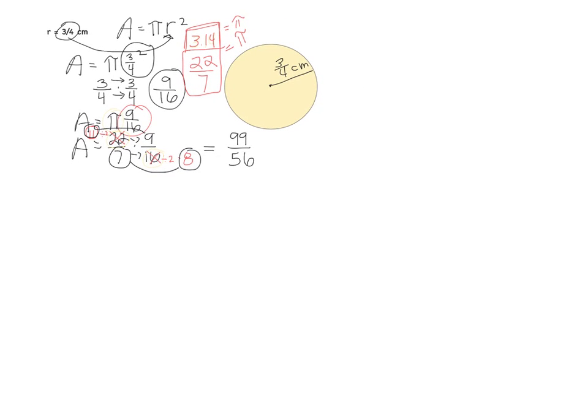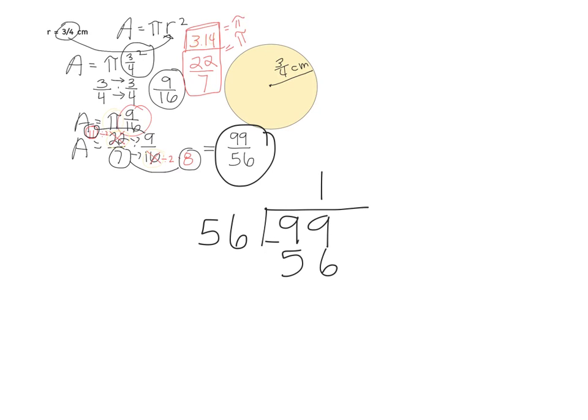We have to write our finalized fraction as a mixed number. So we are taking this and trying to find it as a mixed number, which means I need to divide. See how many times 56 goes into 99? Once. I know it can't go twice. Okay. Subtract 9 minus 6 is 3. 9 minus 5 is 4.